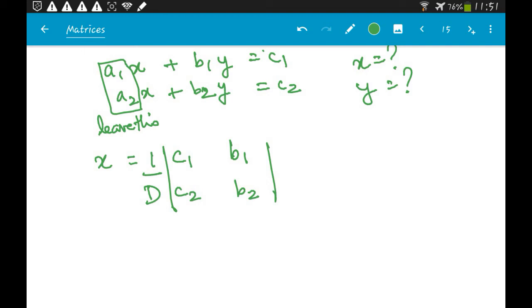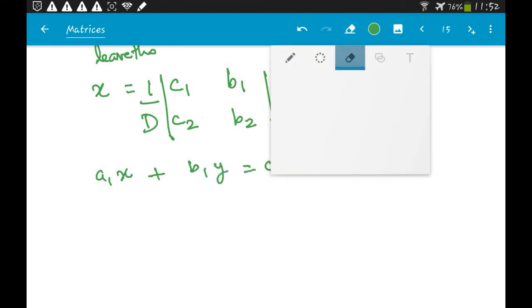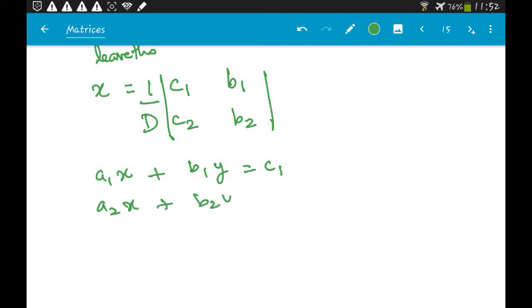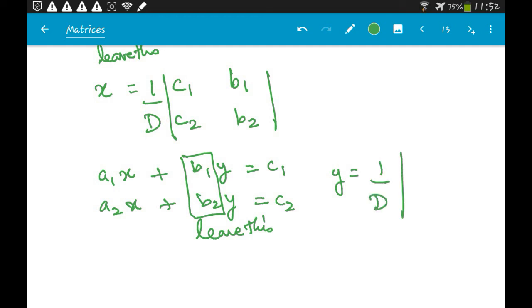Similarly for y, we can do the same thing. So we have a1x plus b1y is equal to c1, a2x plus b2y is equal to c2. So again we'll do the same thing. For y, we'll leave this, and what we have is y is equal to 1 by d into the determinant of, what is the remaining one?